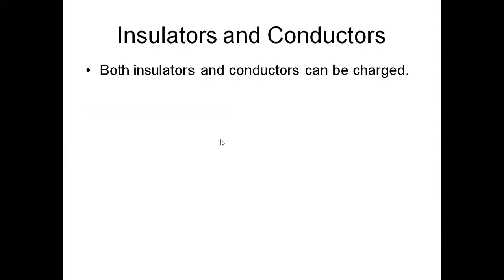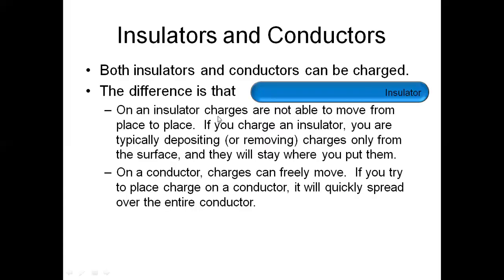Both insulators and conductors can be charged, but insulators will hold the charge, whereas a conductor will transfer its charge to the surroundings. The difference is what? When you place a charge on an insulator, the charge will stay there at that position. Like at this point, this insulator is given positive charge.